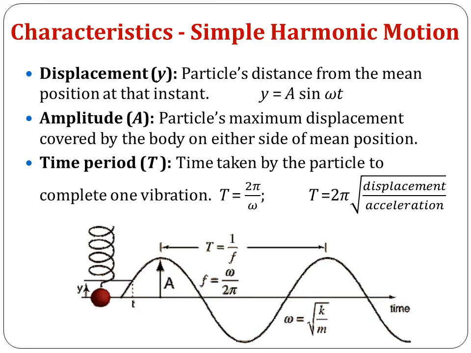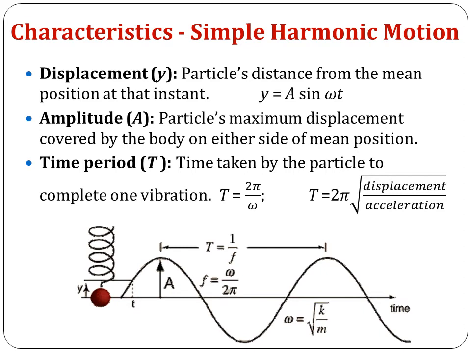Next characteristic is the time period denoted by capital T, which is the time taken by the particle to complete one vibration. T is given by 2 pi by omega, where 2 pi stands for the total angular displacement.